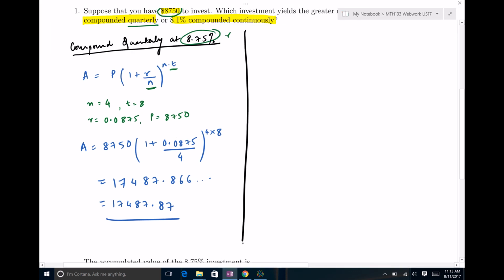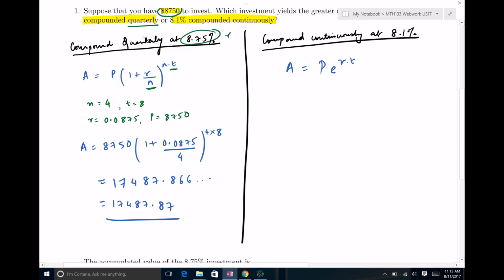Now on the other hand, what happens if you compound continuously at 8.1%? Okay, for compounding continuously we have a different formula. It's given by the amount is P times E, which is the irrational constant, raised to the R times T. So in this case, P, R, and T, well, R will be different.